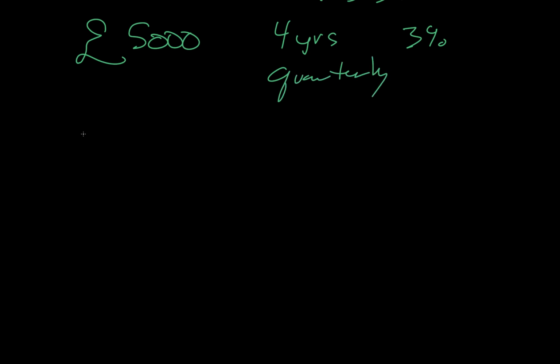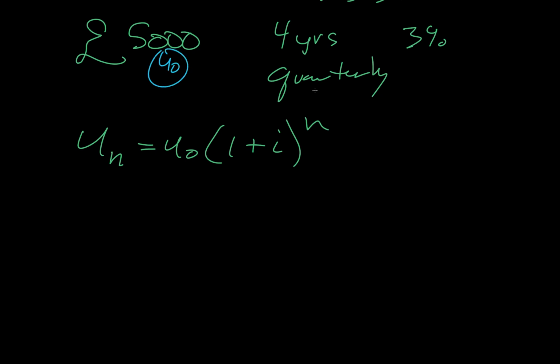Okay, so I'm going to rewrite the formula. Now, this is our u naught. So quarterly means 4 times per year. So our n is actually going to be 16, because 4 times 4. And then our interest is a little tricky too, because the quarterly affects that as well.